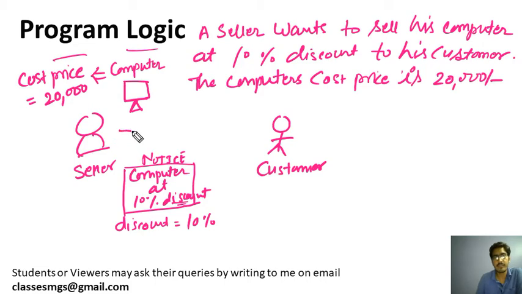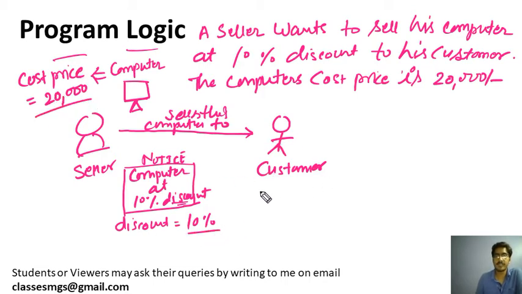Now this seller wants to sell this computer to the customer at the cost price 20,000 and discount 10%. Then what is the formula to calculate the selling price?